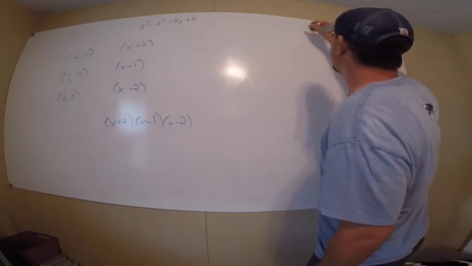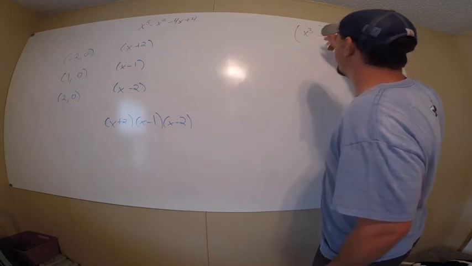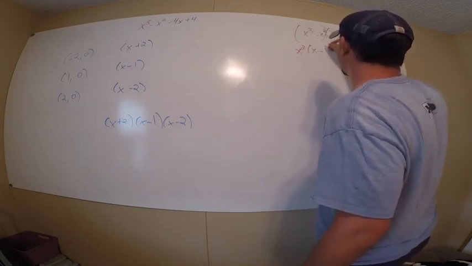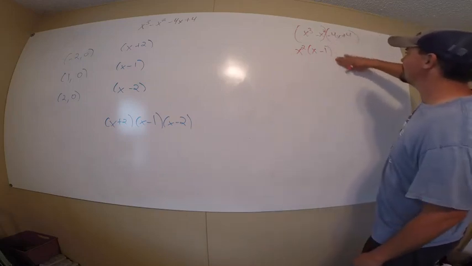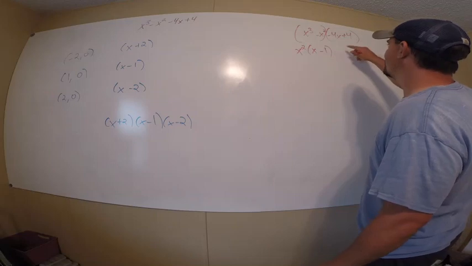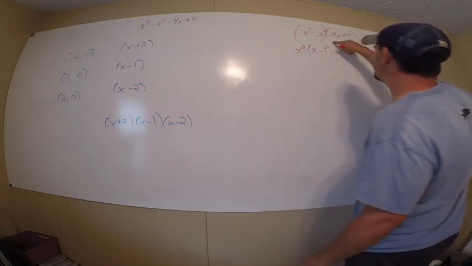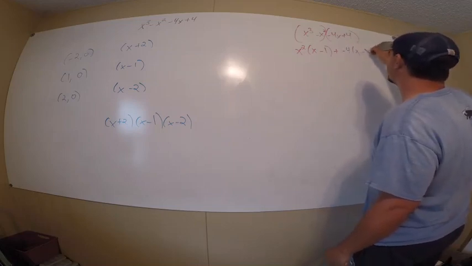So, in this, the grouping I'm going to do is this and then that. So, I could pull an x squared out of this first grouping. If I did that, I'd be left with an x minus 1 here. Okay. In this second grouping, I'm going to pull out a negative 4. So negative 4, and that'll leave me with an x minus 1 here.